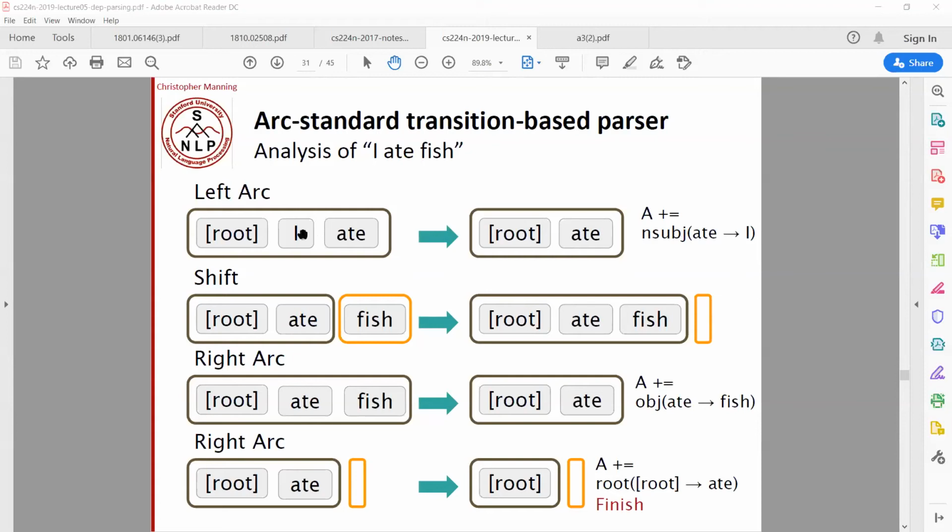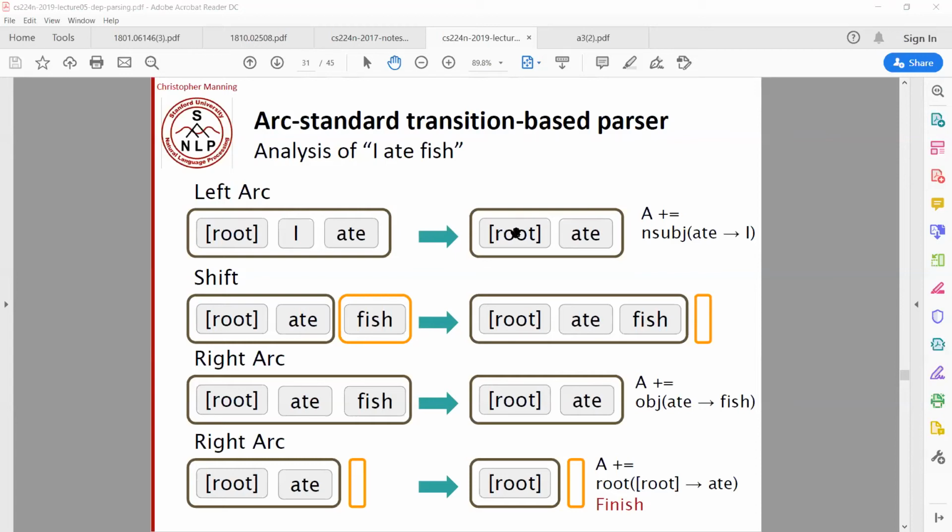Okay, so now that it's figured out how to assign I, it drops I out of the stack. Now the buffer only has fish in it. So this is the left arc. It builds this left arc between I and ate, and then it drops I out of the stack. So that's what's happening here.